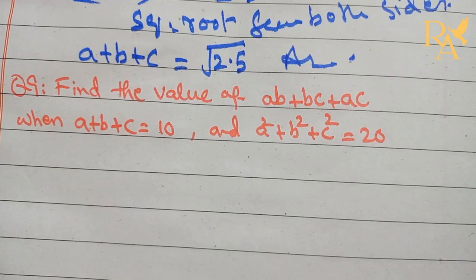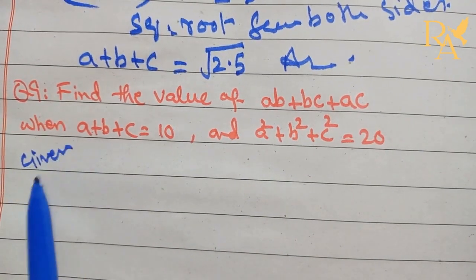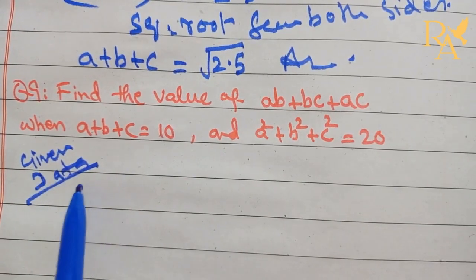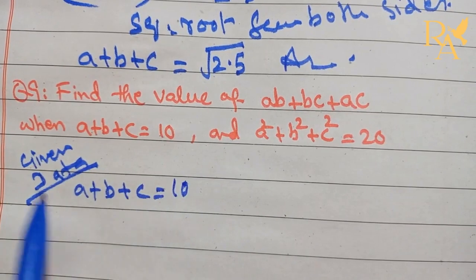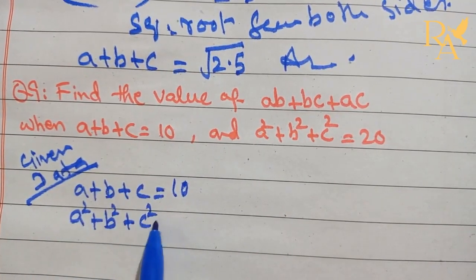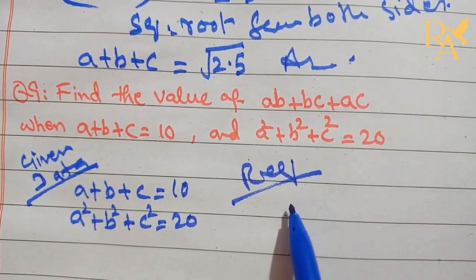Now we are going to solve question number 9 of exercise 3.2. What is the given data? A plus B plus C is equal to 10 and A square plus B square plus C square is equal to 20. What is required?